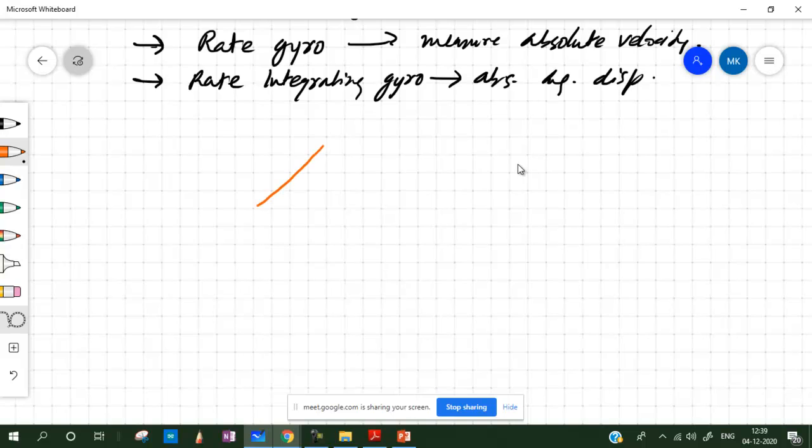So for example, we have again a gimbal like this. And then we use a different pen.